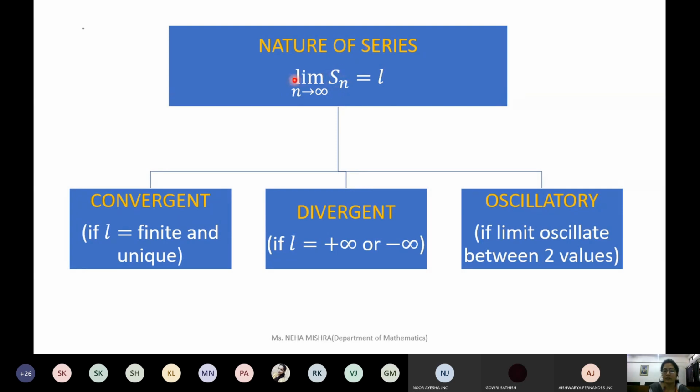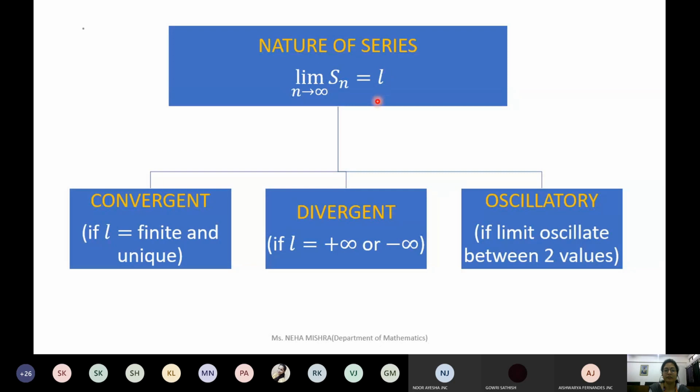So in series, whenever you are taking the limit, you have to use Sn. What do you mean by Sn? Sum of starting n terms. You add them, then take the limit as n tends to infinity, and whatever answer comes, if it is finite and unique, it will be convergent.